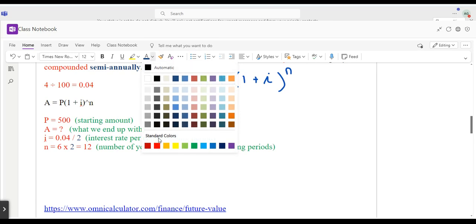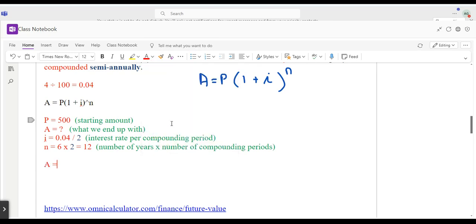And so A will be equal to, instead of P, we're going to write 500, 1 plus, now instead of I, we're going to write this 0.04 divided by 2, to the power of 12. So instead of n, we're going to still have this little arrow here. That's going to be our exponent. And instead of n, we're going to write 12. And so this is now what we're going to type into our calculator.